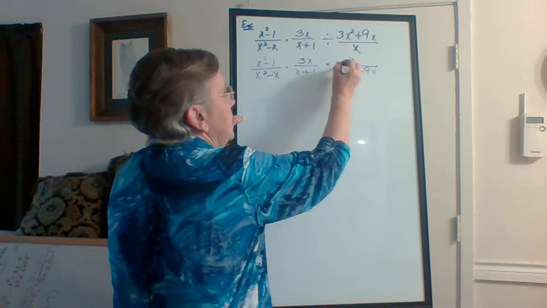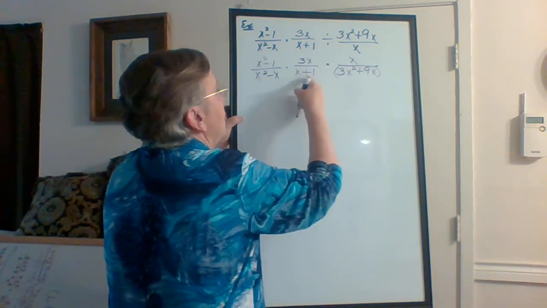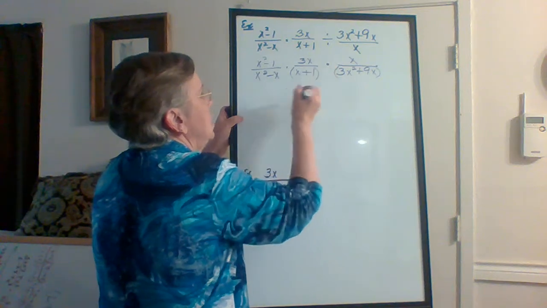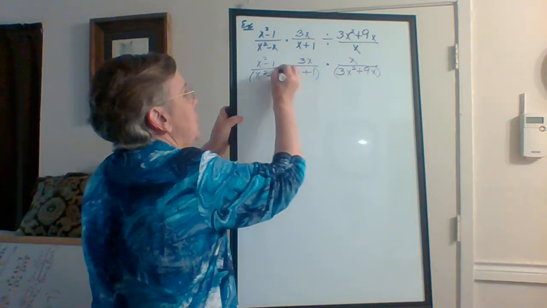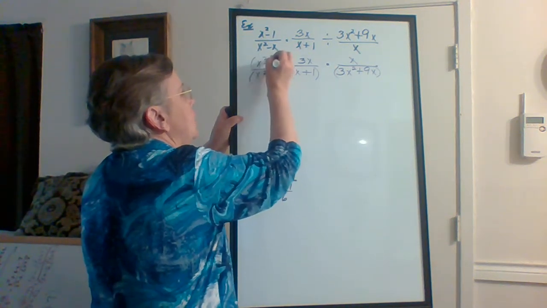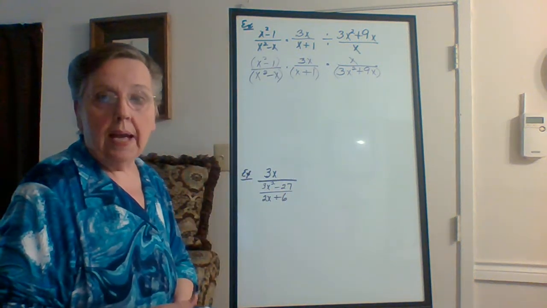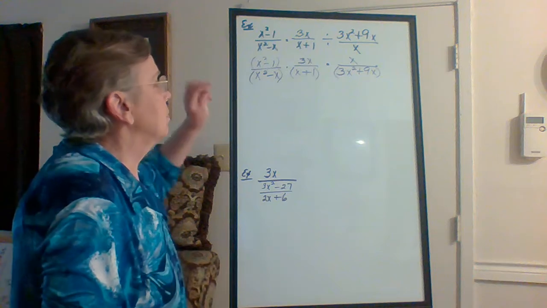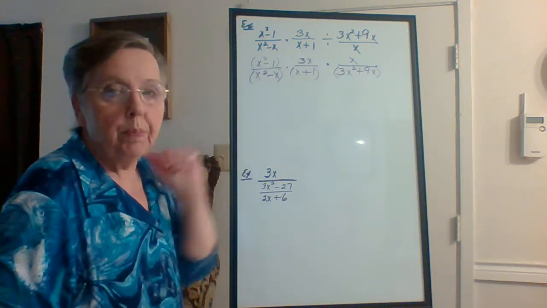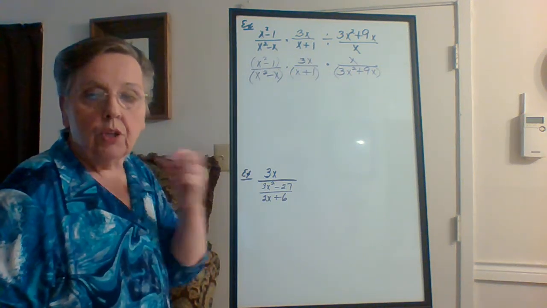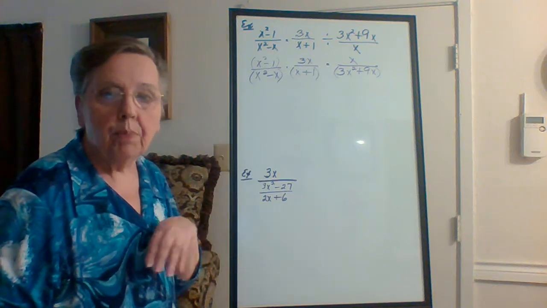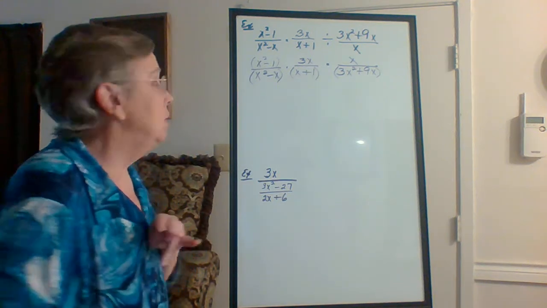There's a plus in this expression, a plus in this expression, minus in this expression, minus in this expression. I have to factor. I've changed it all to multiplication, so it's just like the previous problem. Now I factor.